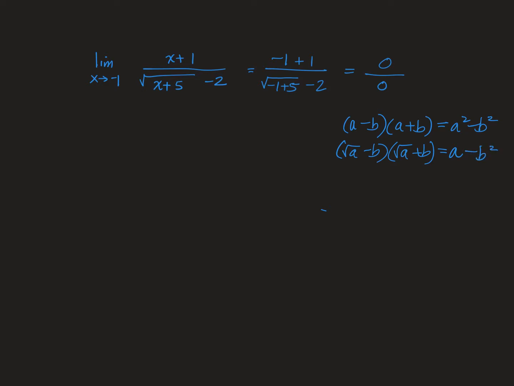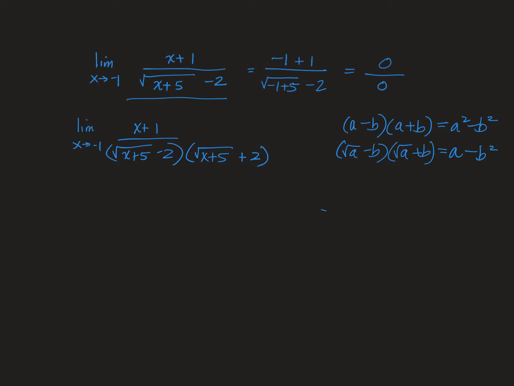Okay, and so we're going to multiply the denominator by its conjugate, and I think you've done this probably in algebra too. So the limit as x approaches -1 of (x + 1) all over the square root of (x + 5) minus 2. We're going to multiply that by the square root of (x + 5) plus 2.